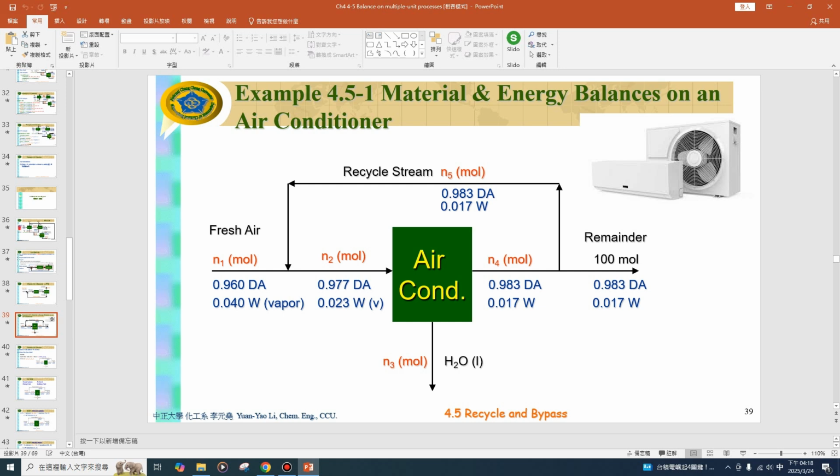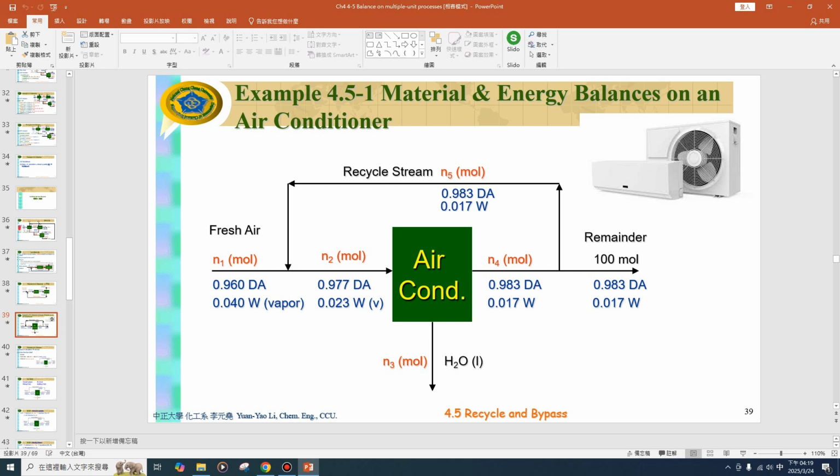For example, if you want to produce air with 1.7% water out from the air conditioner, and your input is 4% water, then it doesn't work on this air conditioner, because you need to dilute the water content in order to make it become 2.3%, so that you can produce 1.7% water.